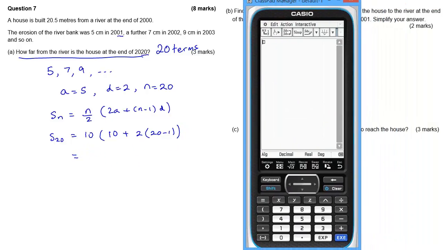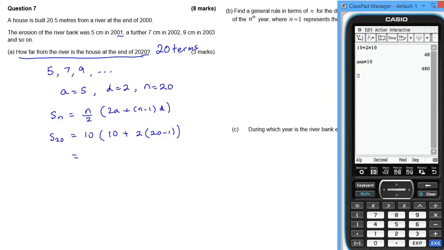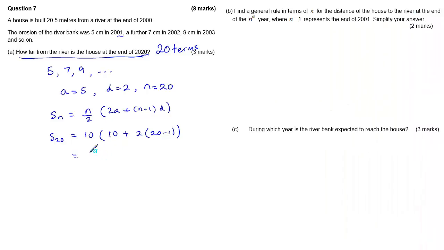So let's just quickly calculate that. 10 add 2 times 19, and multiply that, of course, by 10 gives us 480. So that's 480 centimeters, which of course is 4.8 meters.